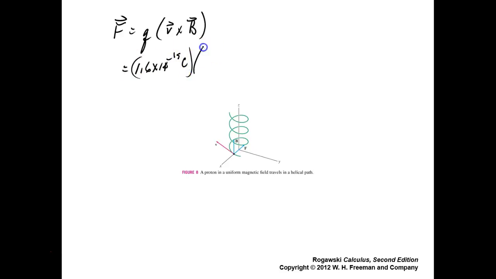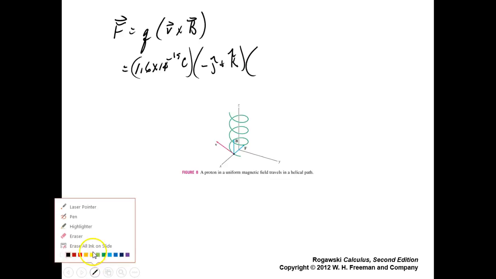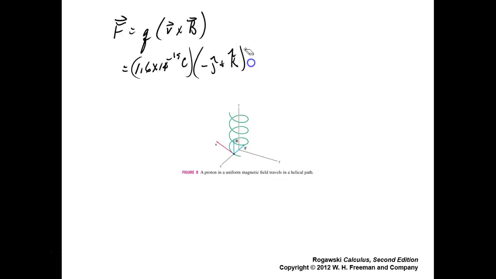That's your Q. And your V cross B seems like pretty weird numbers here. The V they gave us as minus J plus K crossed with, I probably should put the symbol in there.